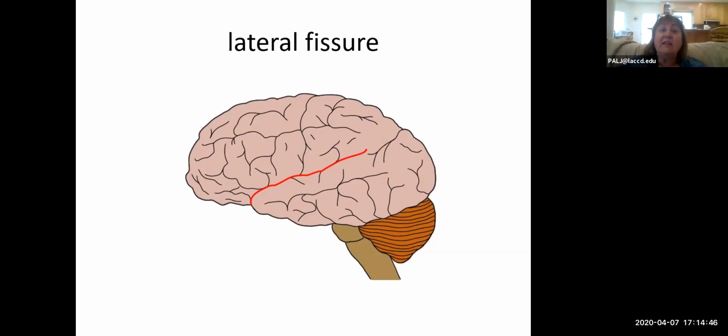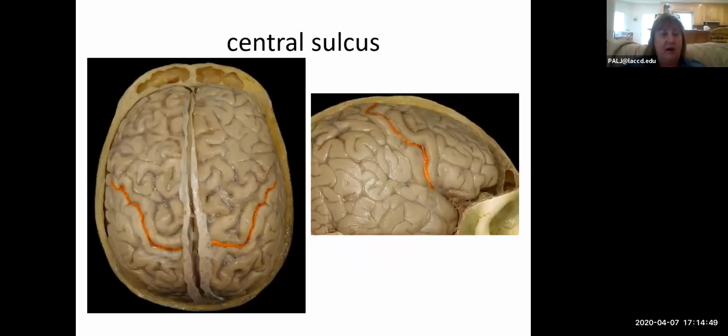Okay. The next thing is to look at the brain from above. So this view, in case you haven't figured it out, is the skull cut in a horizontal plane and the skull cap taken off. You can tell which part is anterior. It's this area up here because these are the very large frontal sinuses that we learned about. If you go between halfway and two-thirds of the way posteriorly, there is a sulcus. Remember, the sulcus is the valley.